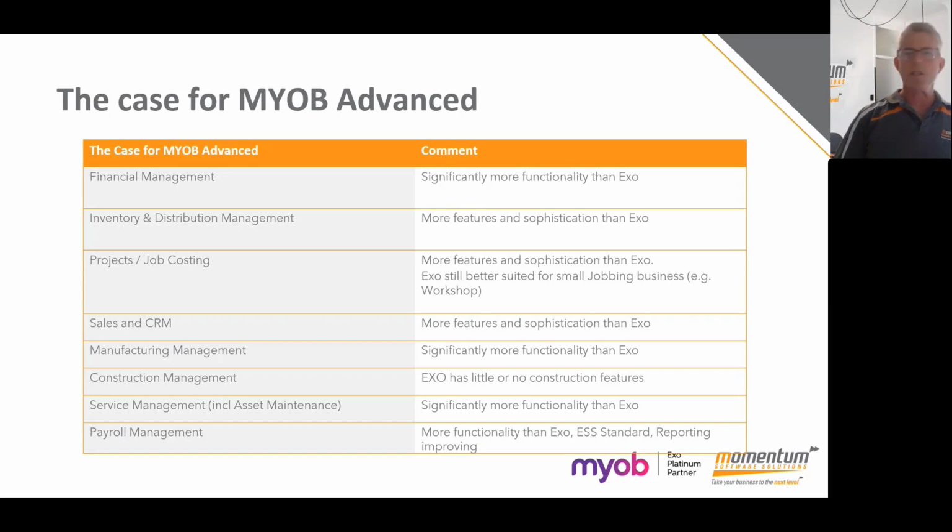Inventory and distribution management. Exo is actually quite a good ERP when it comes to businesses that buy, sell, use inventory. I would say overall that Advanced is superior in a number of ways, some of which would be replenishment. We've just written a replenishment module for Exo. We didn't need to do that for Advanced because it already has one.